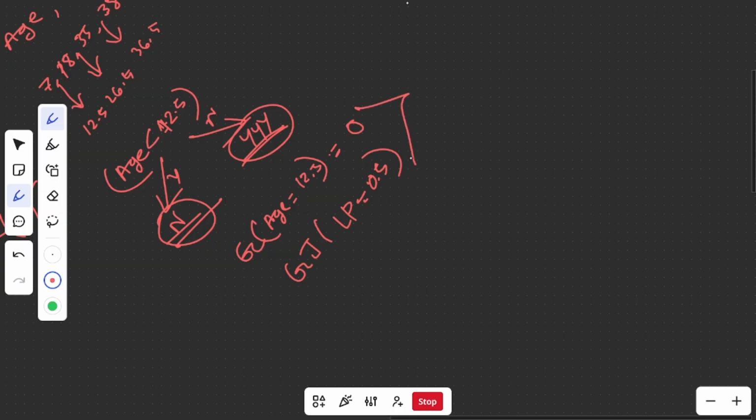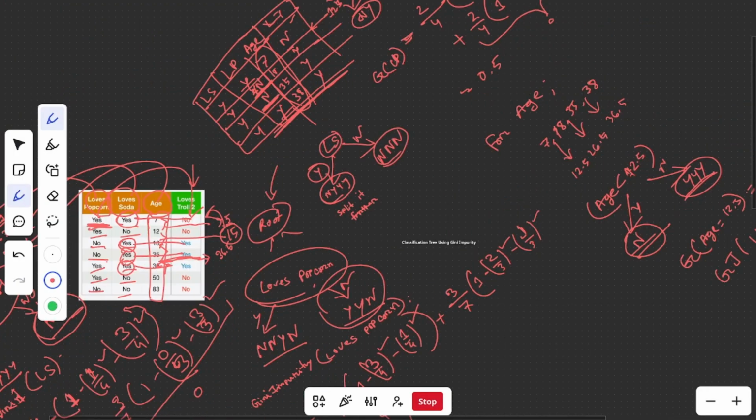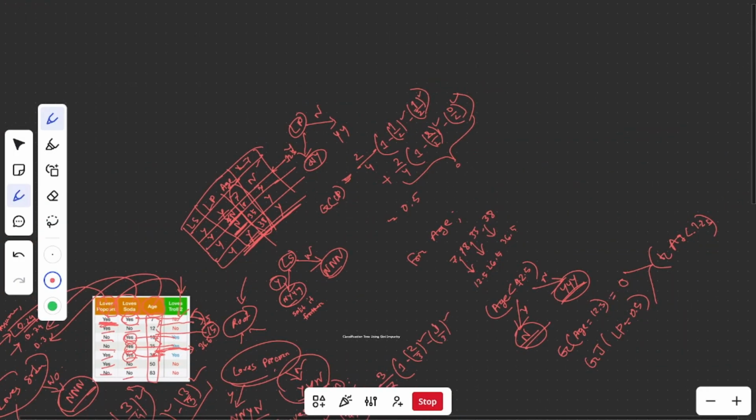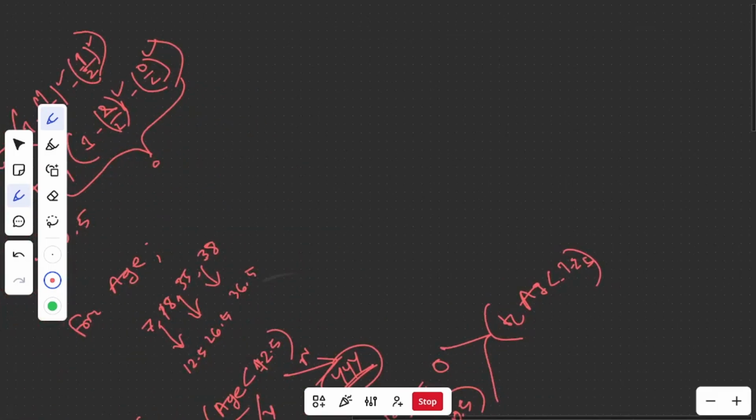So from here the minimum value is 0, so the Gini impurity of age less than 12.5 will be picked. So let's update the main table. Okay, let's draw this.